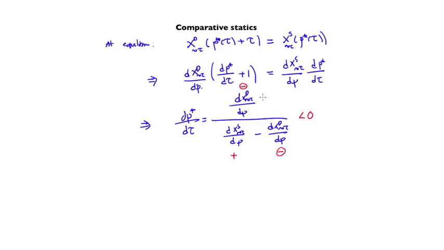The question is, what is very interesting is the magnitude, and this formula is telling us that it's going to depend a lot on the sensitivity of the demand curve with respect to price. So for example, let's say we start at tau equals 0, in which the demand curve is something like this, and let's say the initial equilibrium is here.